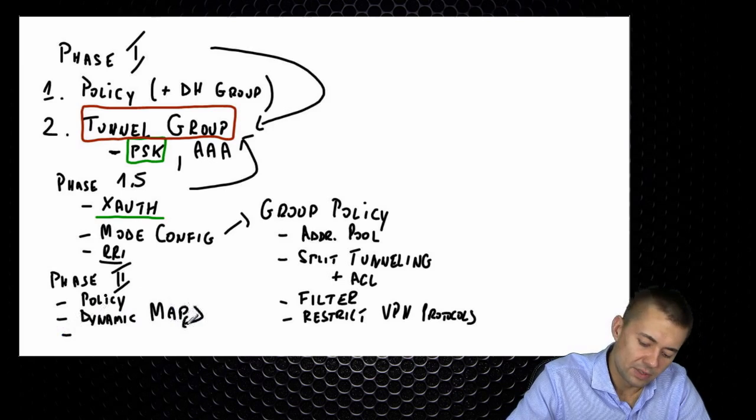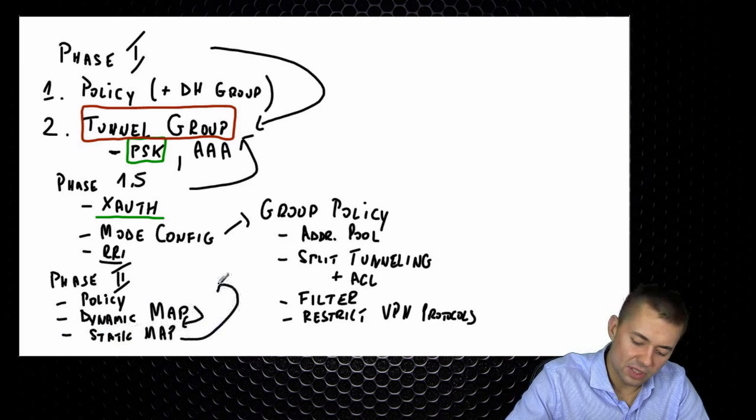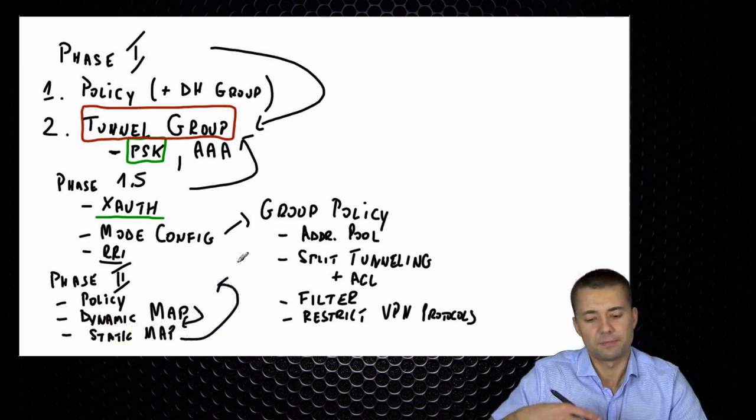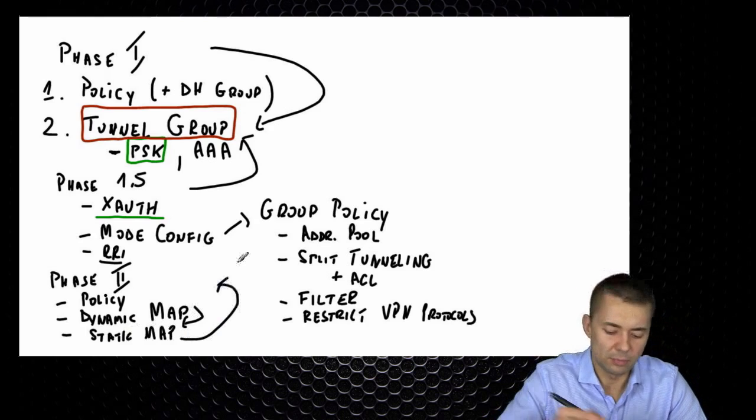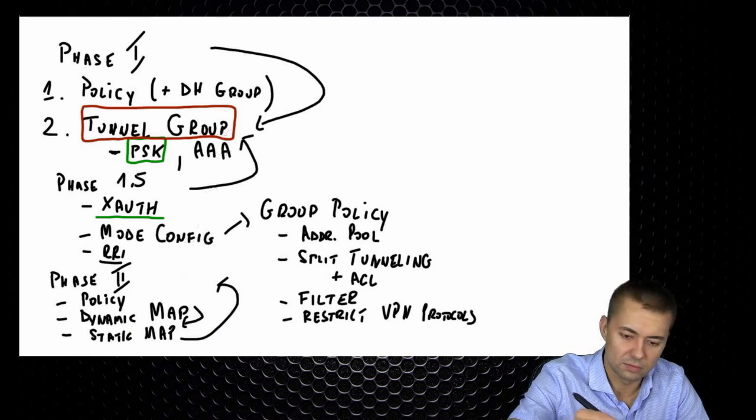Then this map is going to be bound to a static map. And finally, the static map is going to be assigned to the physical port. So this one is going to go to the interface.